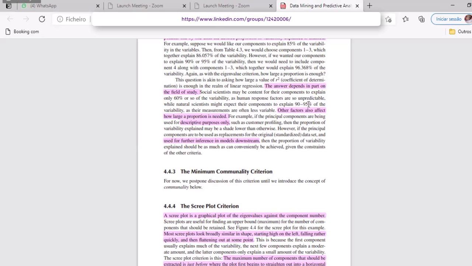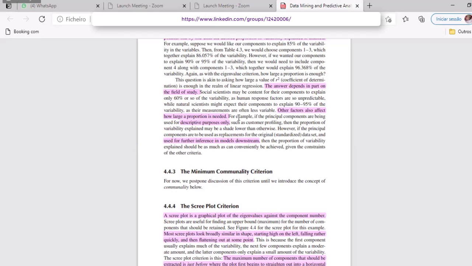Another factor is the purpose for which you use these components. If you are going to do the PCA only to describe the model, you can stick with a lower proportion and so fewer components.